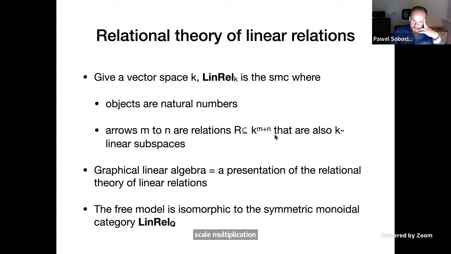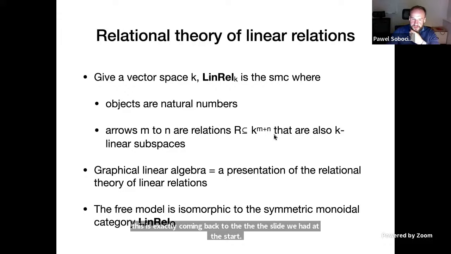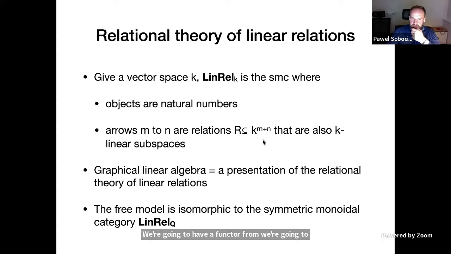So what is graphical linear algebra? Well, it's going to be a presentation of the relational theory of linear relations. So this is exactly coming back to the slide we had at the start. We're going to consider functors from a particular symmetric monoidal theory, the symmetric monoidal theory of graphical linear algebra, to Rel, and that's going to pick out all of the different categories of linear relations for different fields.